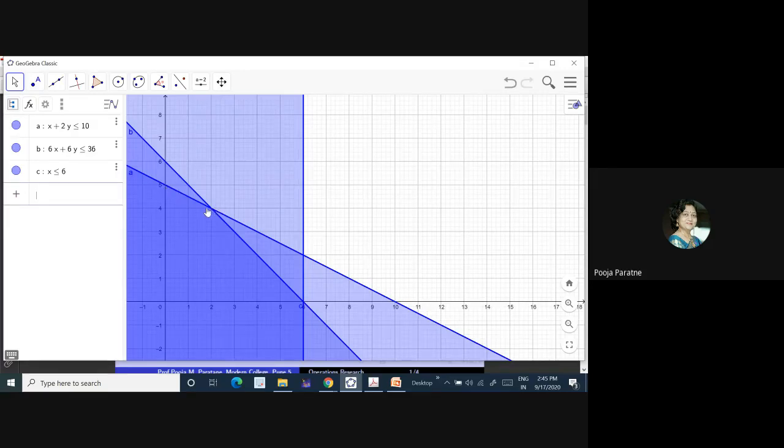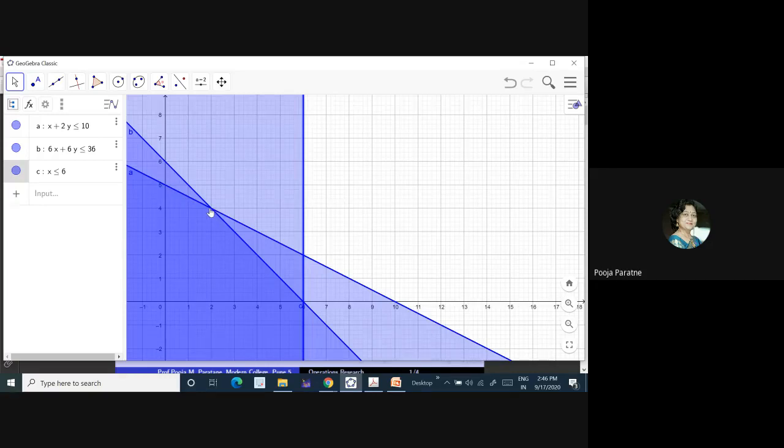As we can see clearly in the graph, the coordinates of this vertex are (2, 4). There are only 4 vertices: the origin, then (0, 5), then (2, 4).